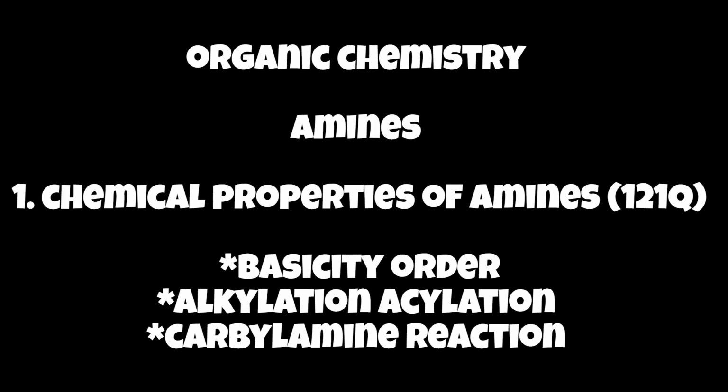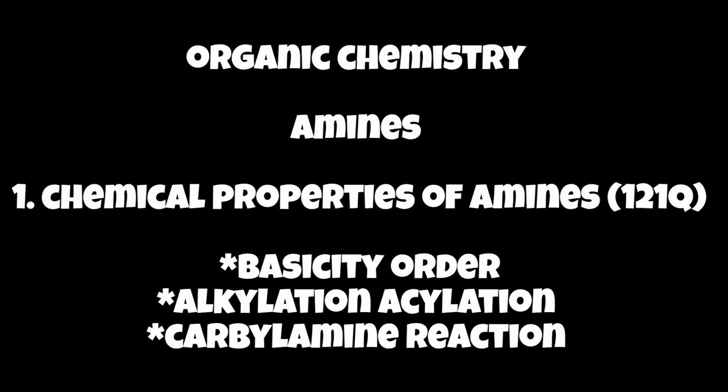Now after this comes your 9th chapter of Organic Chemistry, which is amines. So in this also, friend, first of all your first topic is chemical properties of amines, in which 121 questions have been asked in your board exam so far. There's a lot of it. See how many questions have been asked, and within this topic, you also have to prepare your basicity order and these 3 tests, acylation, alkylation and carbylamine test well.